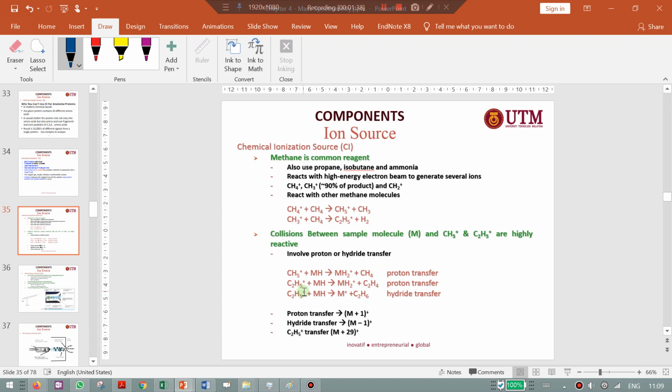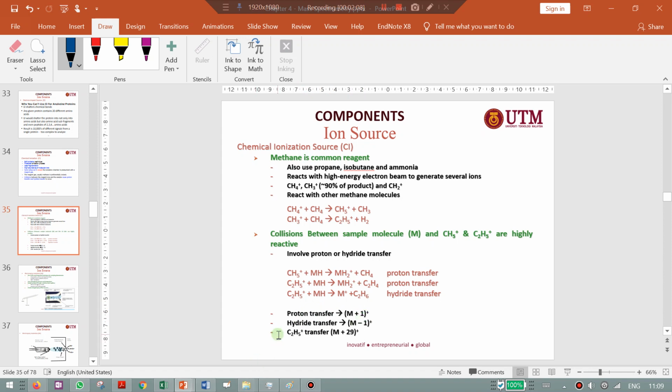If your reagent ion abstracts a hydrogen or a proton from your molecule, then we call it hydride transfer. You need to provide the equation if the exam asks about it. Please describe the proton transfer and the hydride transfer. We already discussed it, hopefully you can answer that.